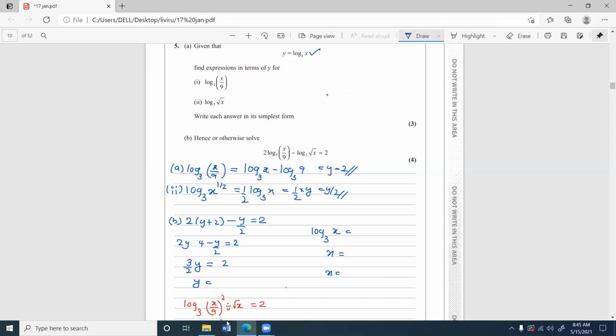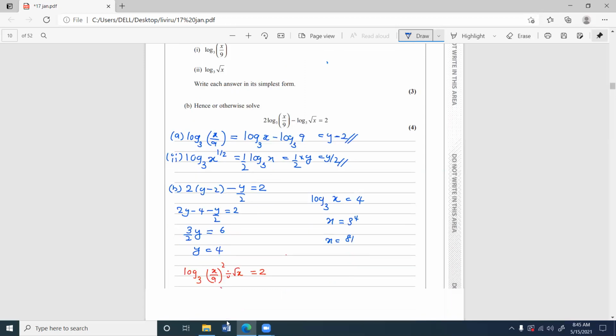If you do this correction, this is 2y, this is y plus 2. It's not plus 2, it's minus 2. It's minus 2, it's minus 4. It turns out not plus 2, it should be plus 6. Minus 4 to the other side is plus 6. It's just 6 into 2, 12. 12 divided by 3, it's 4. It's 3 to the power 4, it's 81.